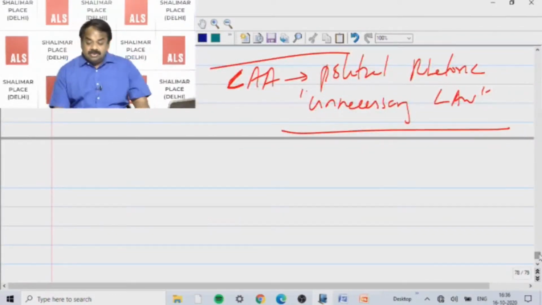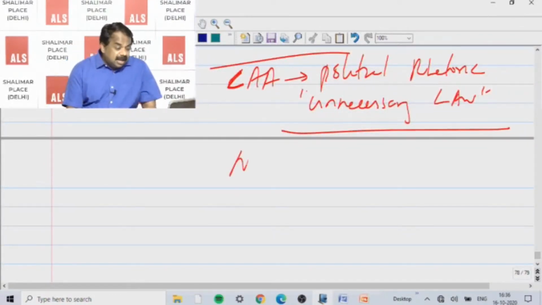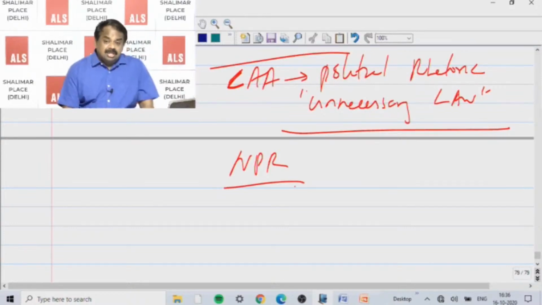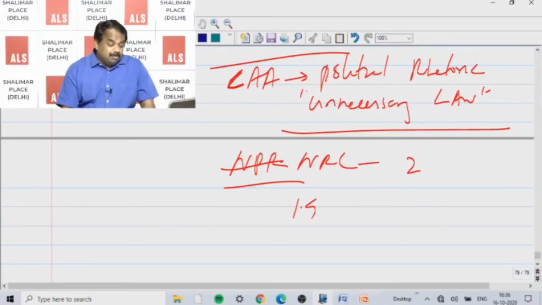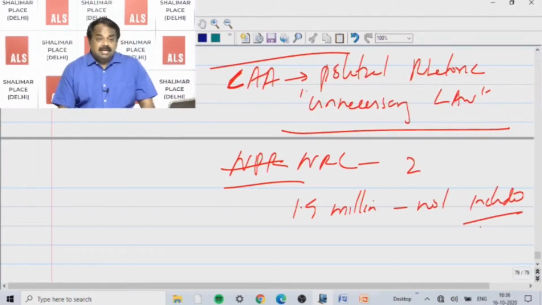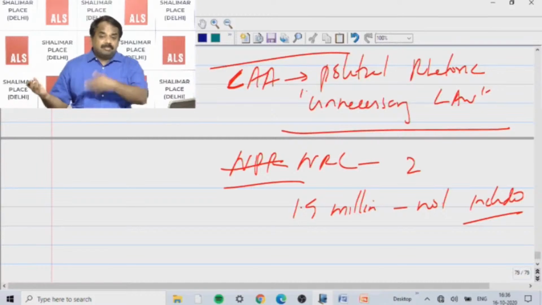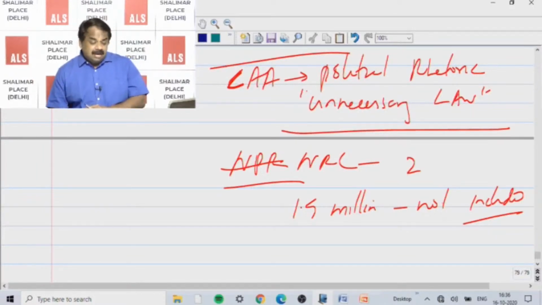And also the NRC, where 1.9 million people could not find a place, or were not included. The indirect message is that they are all from Bangladesh. That is what we are trying to tell.